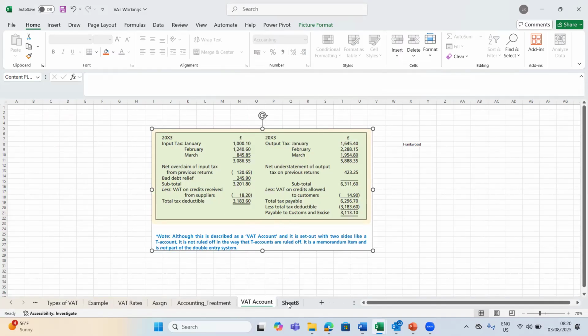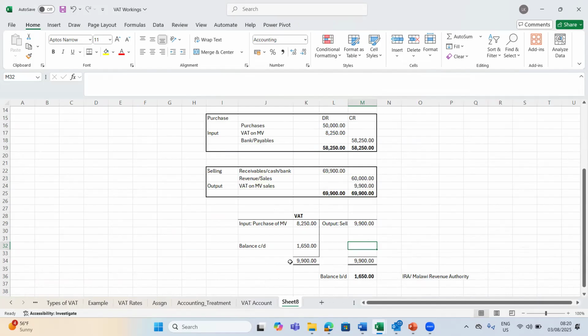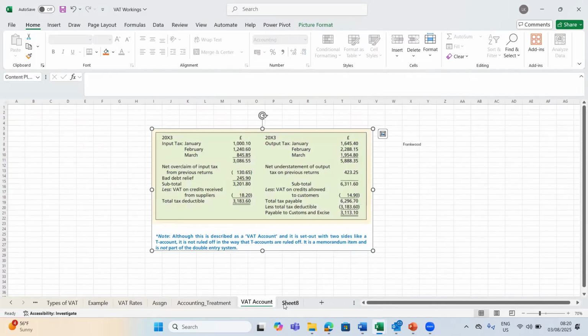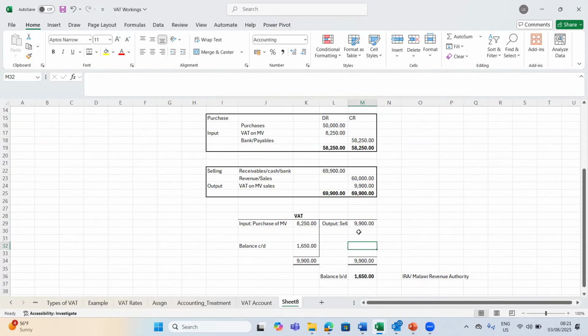What you have to understand is that you can have one account for VAT whereby all the transactions relating to VAT will be posted, right? And then at the end of the day, when the credit side is more than the debit side, or when the output VAT is more than input VAT, you pay the difference to the revenue authority, okay?